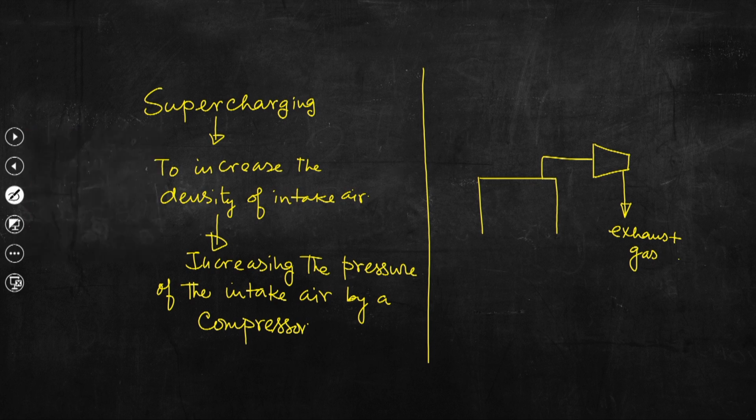Now, if we can have one small compressor connected to the shaft of this turbine, so this is C, and this compressor is taking air from the ambience, and that air which is compressed is now fed to this engine cylinder, right.